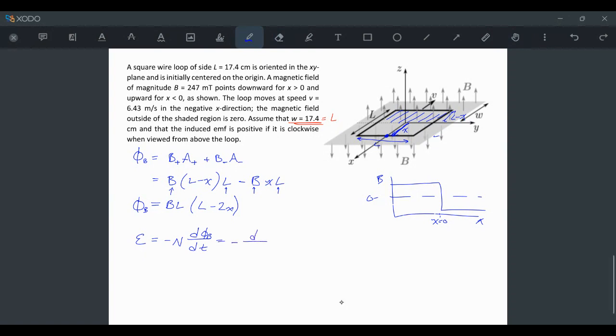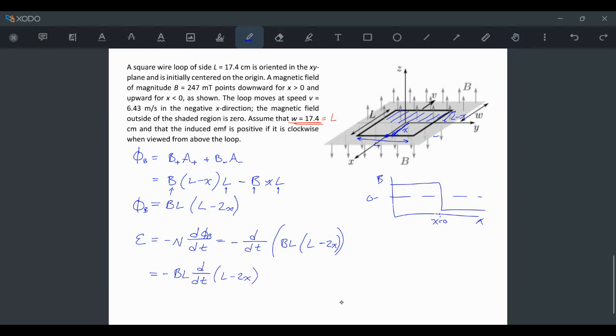We only have one loop, so n is 1, it'll go away. What we're trying to solve now is the negative time derivative of BL times L minus 2x. So the time derivative of this whole thing. B and L are just numbers, so those come outside the derivative. What we have left is the time derivative of L minus 2x.